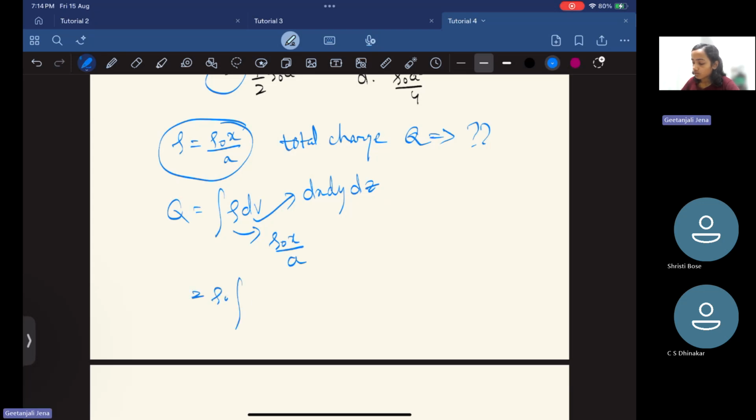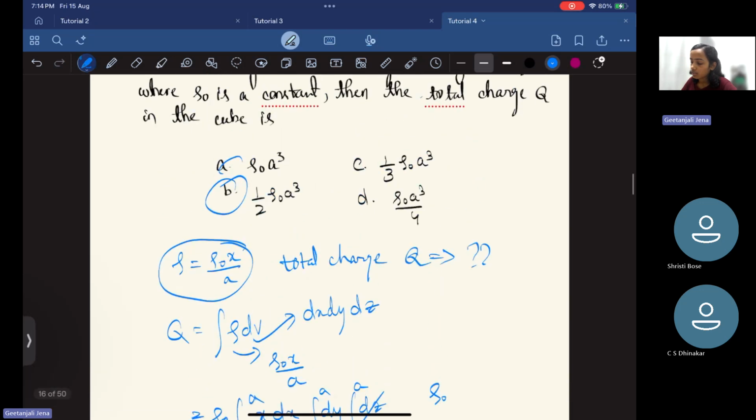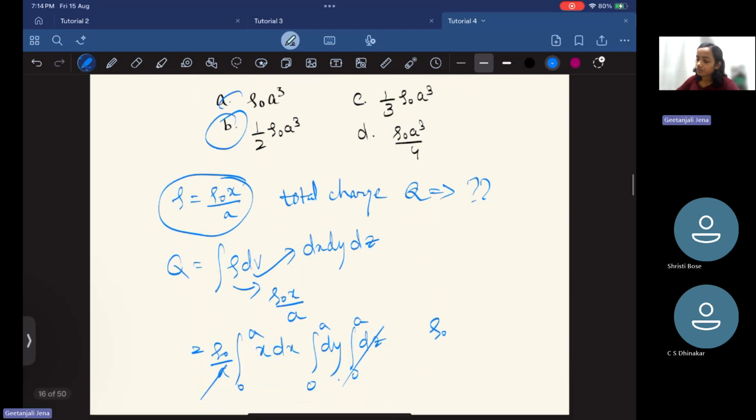So this is rho naught by a, x dx, dy, and dz. So 0 to a, 0 to a, 0 to a. One a will cancel with this. So this will give a square by 2 and a. So rho naught a cube by 2. Answer will be option B.